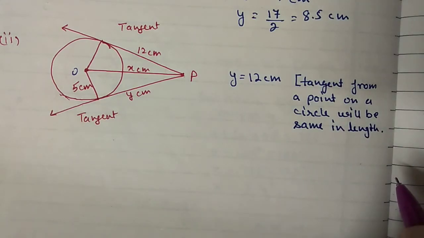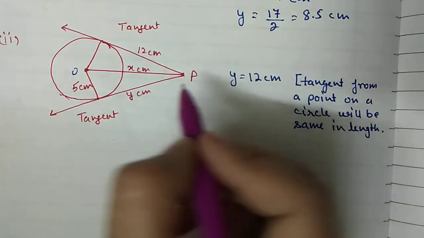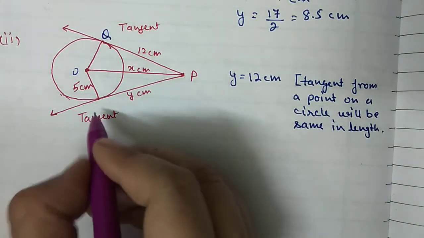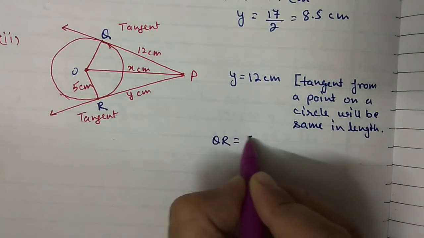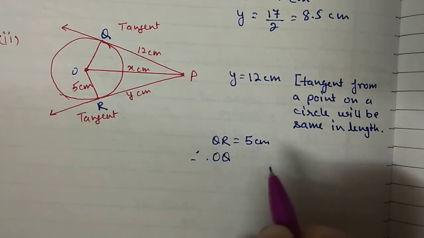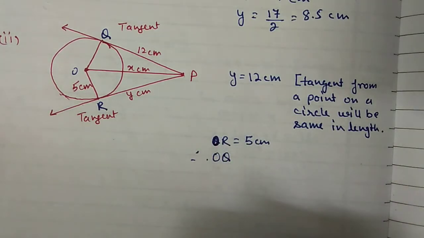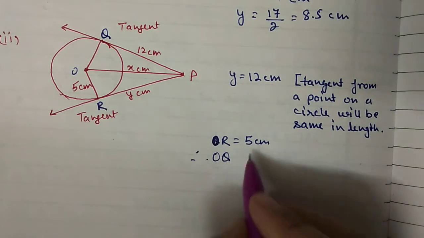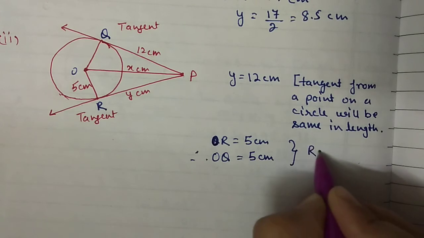Next, now we have to find out the value of x, and we can give some names to this figure. This is P, we can give here Q and we can give R. Because OR is given 5 centimeter, therefore OQ also will be 5 centimeter, because these both are the radius of the circle.